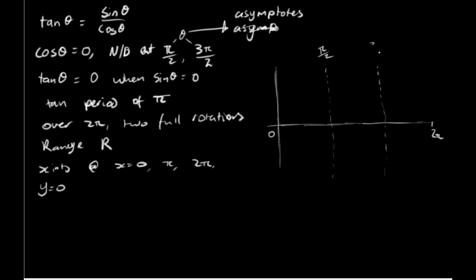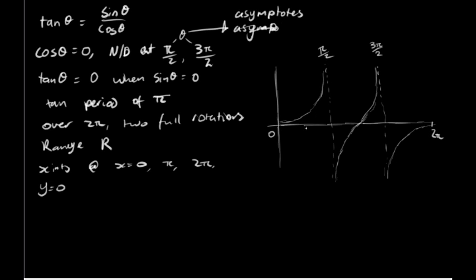So this is pi on 2, 3 pi on 2, they are asymptotes, and I haven't drawn it very evenly, but that's roughly the shape that we're after. So this is what the tan graph looks like.